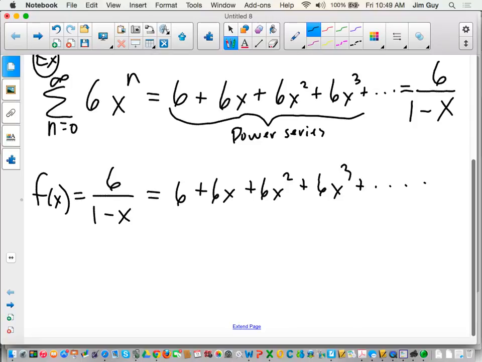They're equivalent. So, if they said to you, hey, find f of 0.2, and again, they're only equivalent, remember, if x is less than 1 in this particular problem, we could plug 0.2 into this equation, or we could plug 0.2 into this equation, the power series.